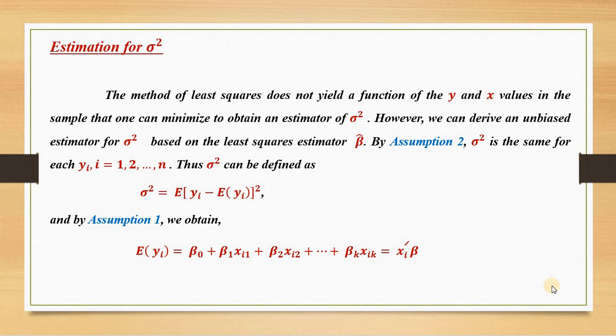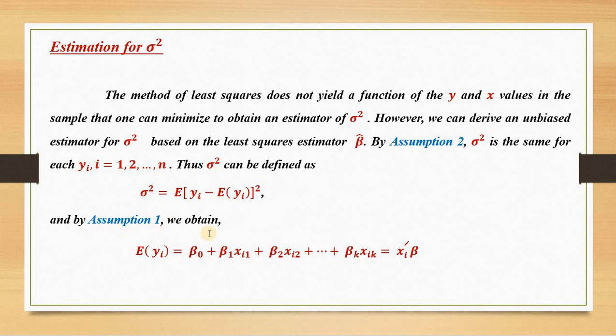With the help of the estimated values of the beta parameters, we can estimate sigma square. By assumption 2, sigma square is the same for each yi. This is a constant variance for all y, and thus sigma square equals the expectation of (yi minus expectation of yi) whole square. This is the basic definition of sigma square.